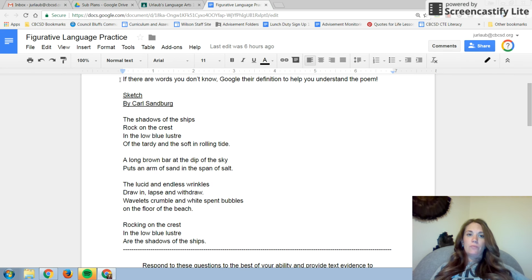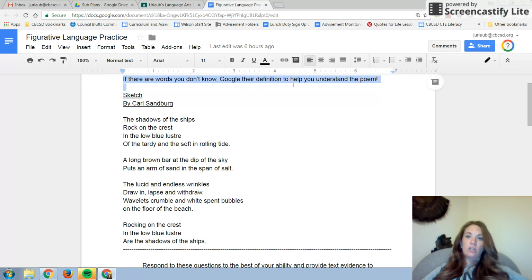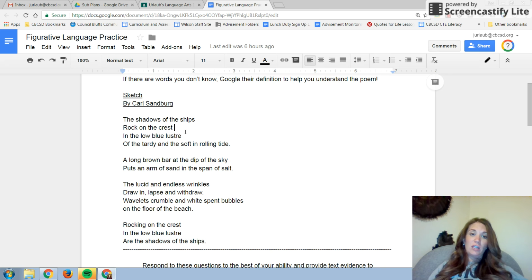What I said here is, if there are words you don't know, you need to Google their definition to help you understand the poem. So skim it really quick before you read it, if you would please, and look up any words you don't know. I'm thinking one word that a lot of you probably don't know is luster. What does that mean?